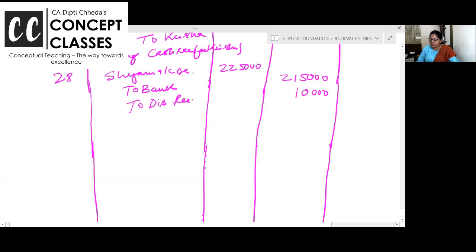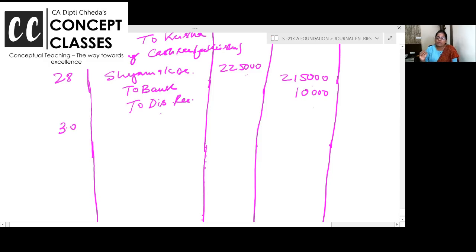Shyam account debit 225, by bank 215, discount received 10,000. Nice, no? Don't take it as discount allowed. Shyam has allowed the discount. That's the language. But for me, it is discount received because I purchased the goods of 225 and I just paid 215.